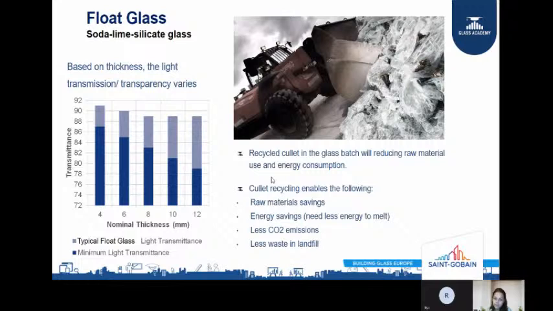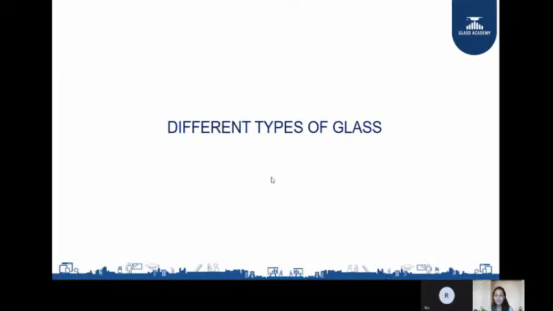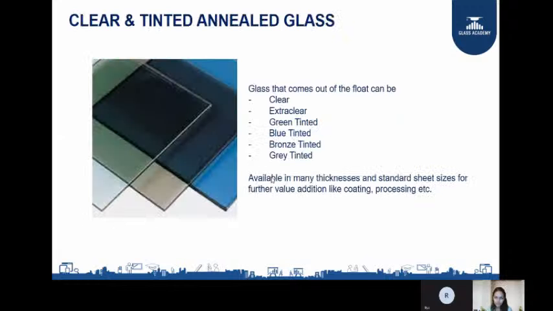So now here you can see, as I mentioned earlier, that silica is a major component of the glass, and I also told you how glass is manufactured, right? If you want different tinted glass, you have to add some more components to it. If you want green colored glass, you have to put iron into it.